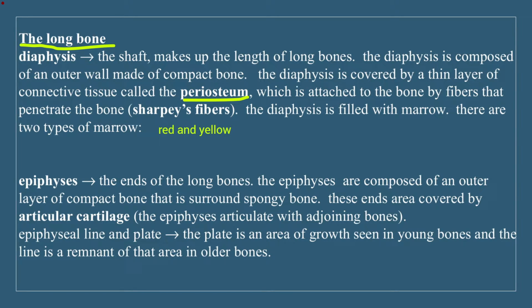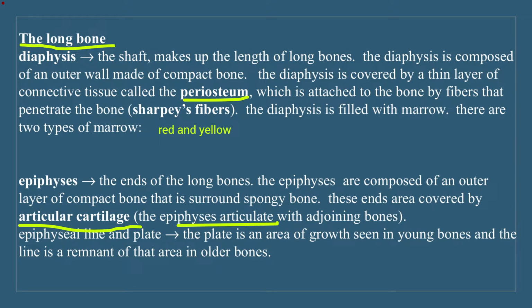And then at the ends, we have epiphyseal ends. The epiphyseal ends are the proximal and distal portions of the bone. They're covered with articular cartilage, which is hyaline cartilage. So if you've had chicken and you had the gristle, that is hyaline cartilage. Okay. And this is where we form points of articulation.